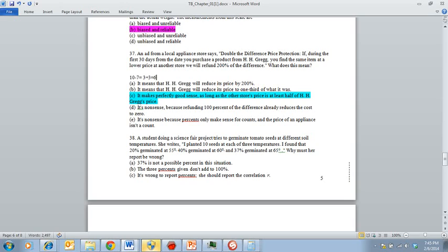So 200% of the difference would be $6. So if they refund $6, they have still made $4. Okay? Not only that, it says as long as the other store's price is at least half. If it was $5, they would refund the whole thing. They would refund $10. Okay, so they are pretty confident that that is not going to be the case, right?